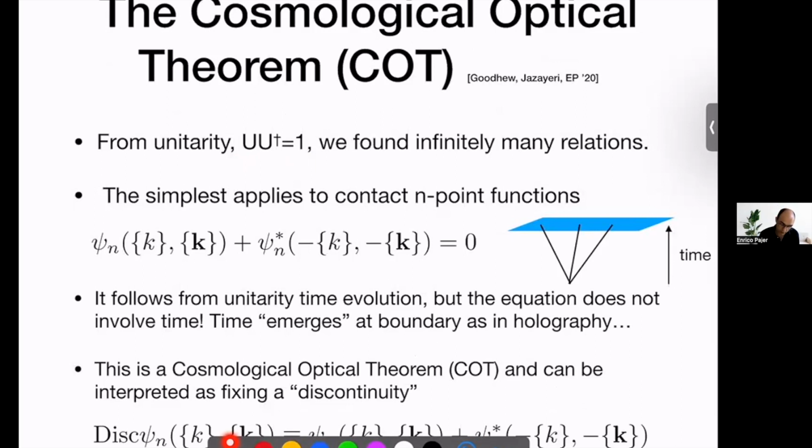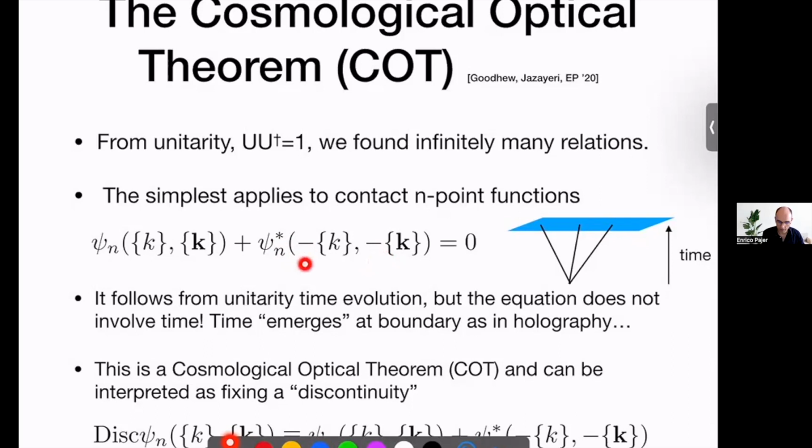Let's consider the simplest possible interaction, just a single interaction with n fields. They interact once, and then they go their merry way to the boundary. Then I claim that for that case, if you compute the wave function as a function of the energies and of the scalar products k1 dot k2, etc., plus the wave function itself with a star, and you put a minus on all the energies and all the momenta.